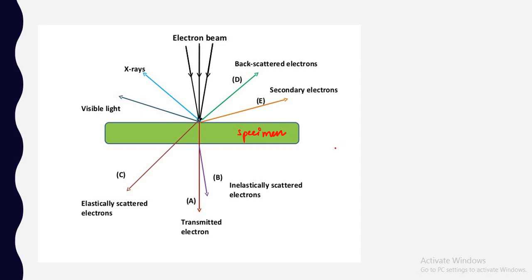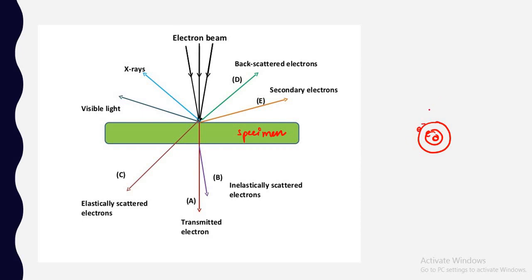Of course, specimens are made up of molecules, and molecules are made up of what? Atoms. So say this is an atom of the specimen; right here you have the nucleus, and these are the electrons revolving around it.